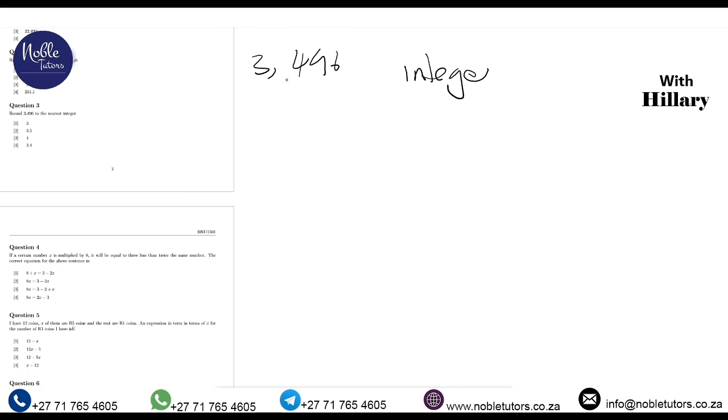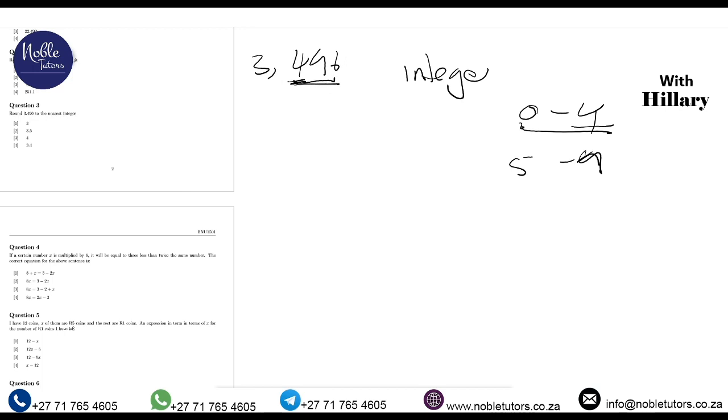We look at the number that comes after the comma and apply the concept that we said: is it between 0 to 4 or 5 to 9? We can see that it's between 0 to 4. If it's between 0 to 4, that means you don't round off anything. We can see that there's 4, 9, 6.